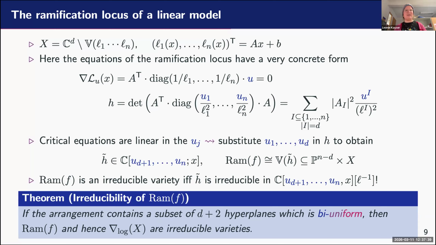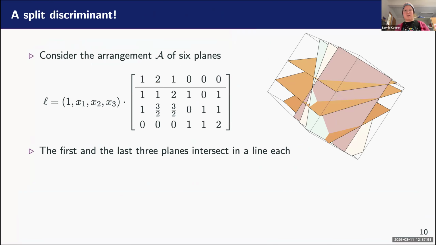That's unfortunately much harder. But this may make you curious to say, okay, is this condition necessary, or is it maybe always irreducible? And the answer is sadly no, or interestingly no, I should say.